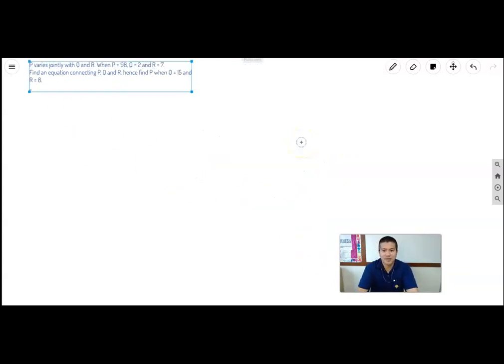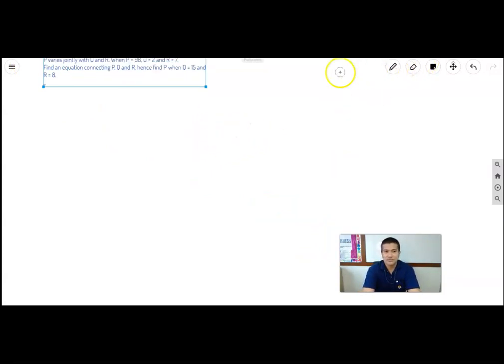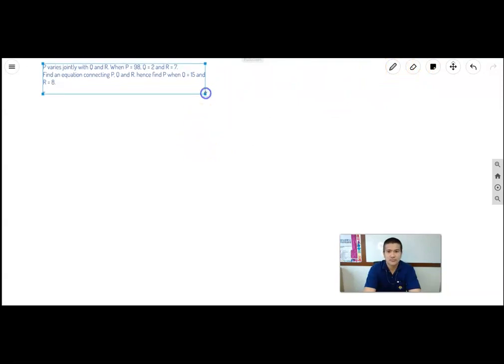Okay, last problem. Let's try to solve this equation. We have P varies jointly with Q and R. If it is jointly, then P equals Q times R times K. Okay, so the word there is jointly.